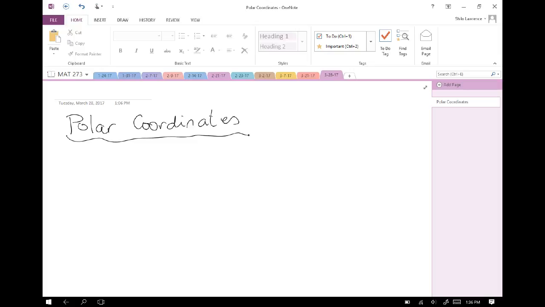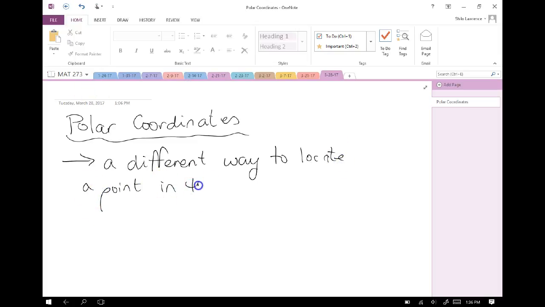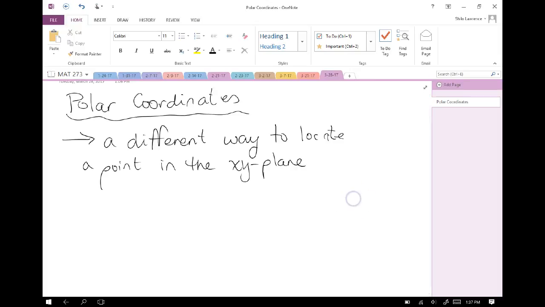So polar coordinates, they're just another way to locate a point in the XY plane. We usually use Cartesian coordinates, which are X and Y coordinates.